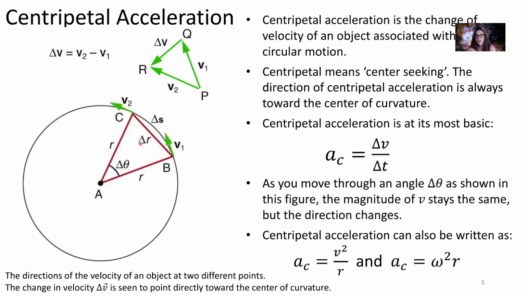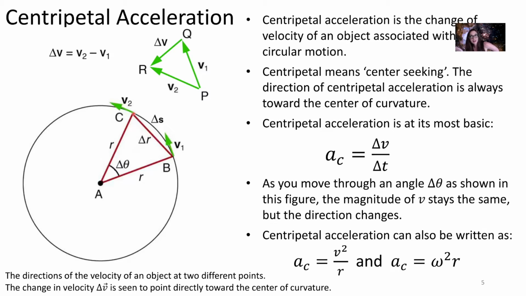Now, you can think about centripetal acceleration as the change in linear velocity over a change in time. Over here, my object is moving along this arc length delta S. At this point right here, it has a velocity vector. At this point over here, the velocity vector has changed.